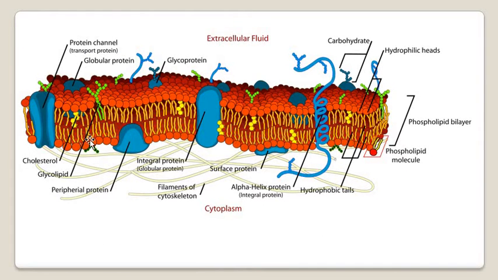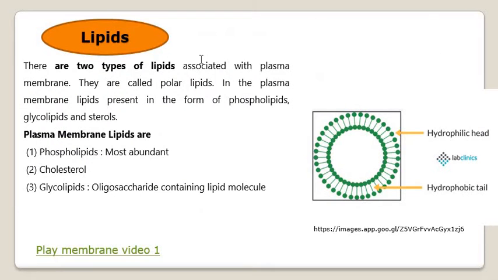Here is shown cholesterol, the yellow colored structure, which is again very small in amount. Then the glycolipids, which are nothing but an oligosaccharide derivative associated with the lipid molecule. So three types of lipids are there: phospholipid, which forms a major part of the lipid bilayer, then cholesterol, which is again less in number, and the glycolipids, which are again very few in number. So let me show you the diagram video explaining this mechanism.